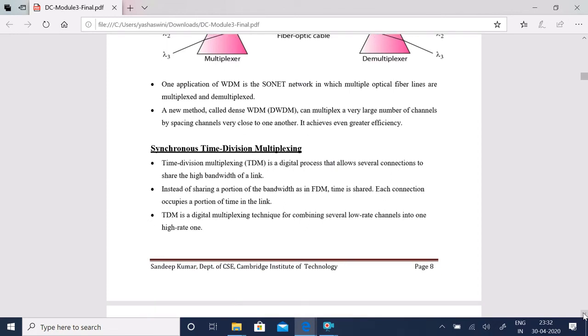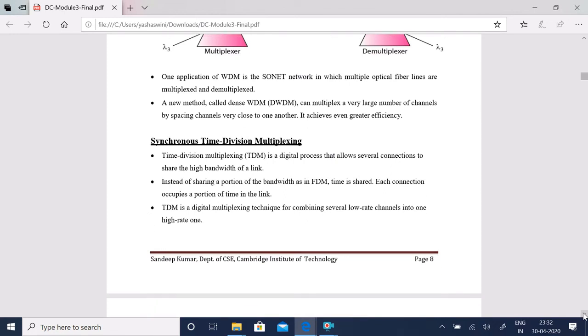So the next technique is time division multiplexing. This is one of the multiplexing techniques which is digital in nature. In order to multiplex, your bandwidth is divided with respect to time, and we connect it to several digital processes of different bandwidth which share a high bandwidth.